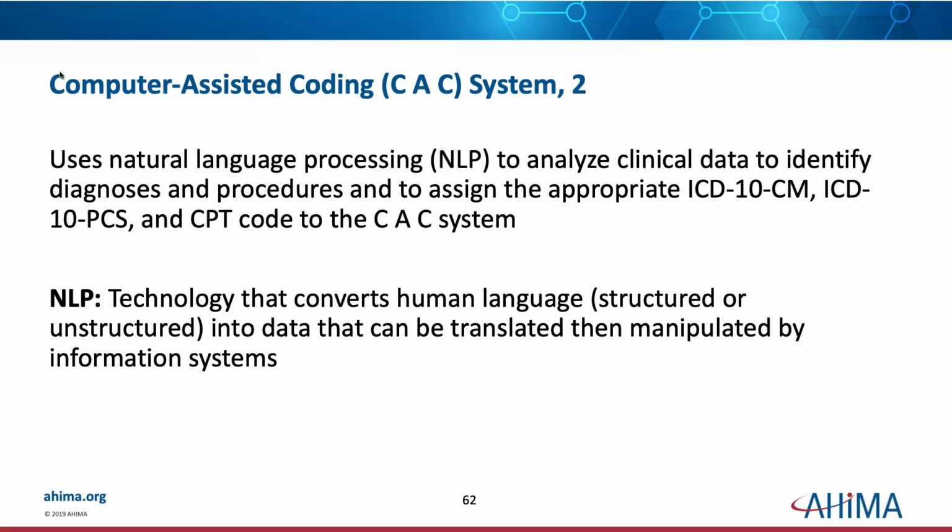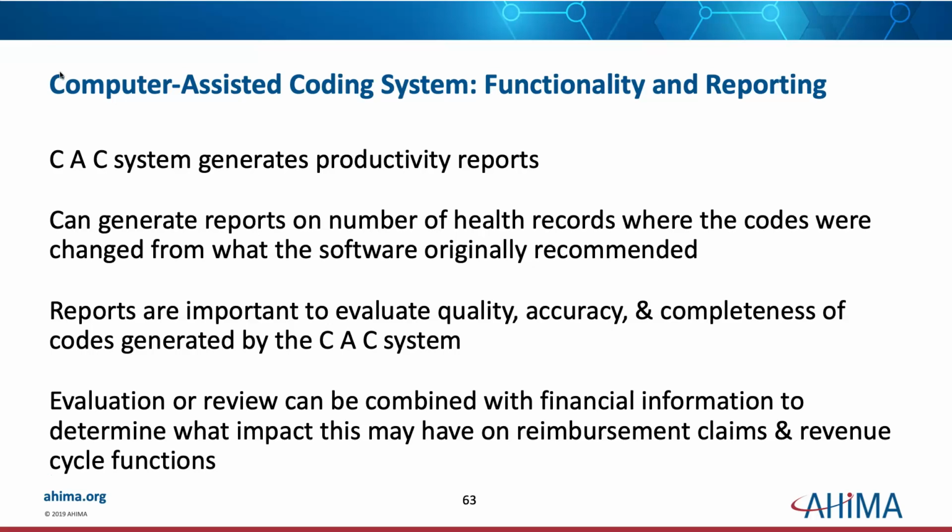CAC systems use natural language processing, and we'll talk about that if we haven't already. It analyzes clinical data to identify diagnoses and procedures and assign the appropriate codes. NLP is basically taking human language and putting it into data that can then be manipulated by the information system. CAC systems do generate productivity reports, and they look at the number of records where the codes were changed from what the software originally recommended.